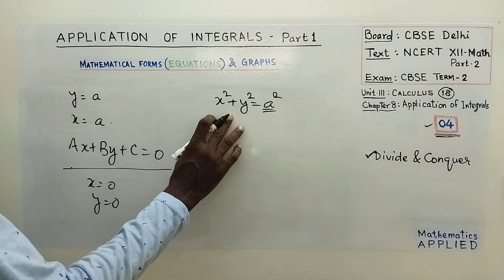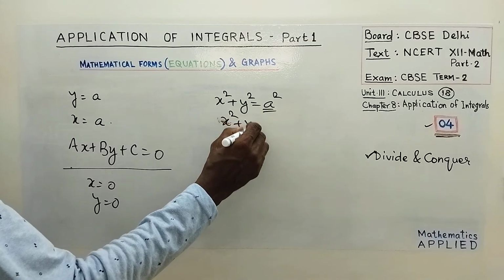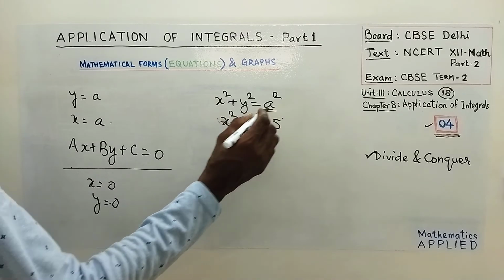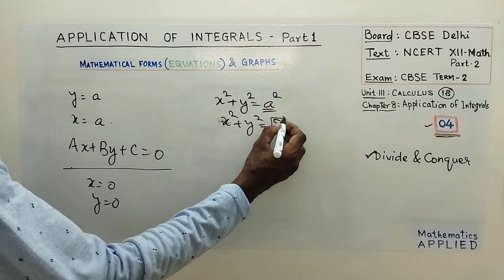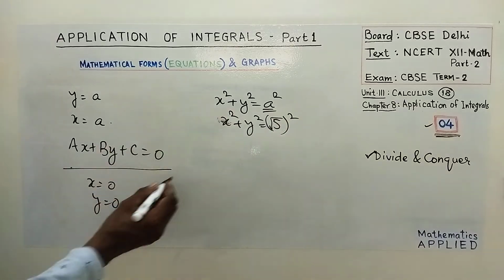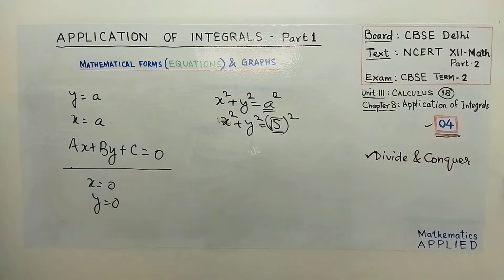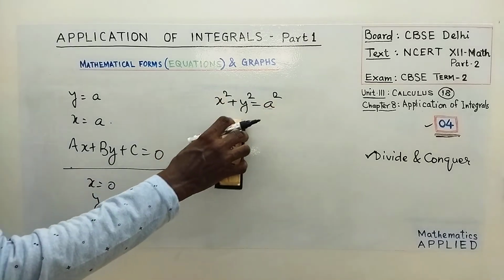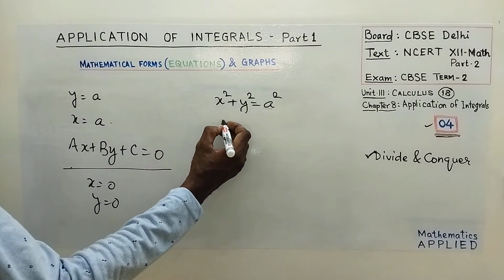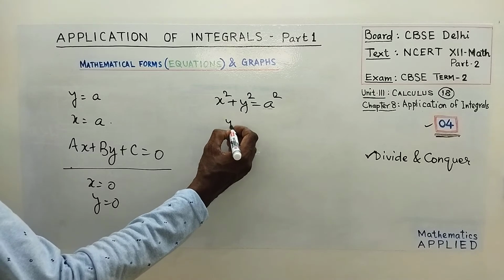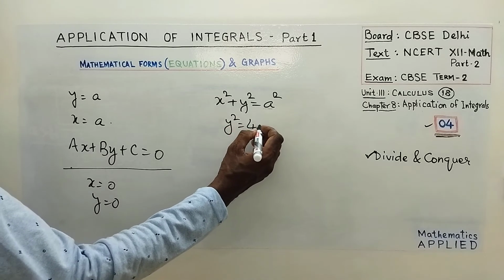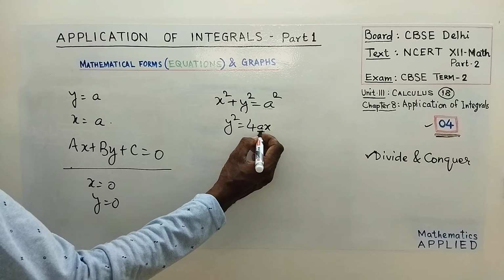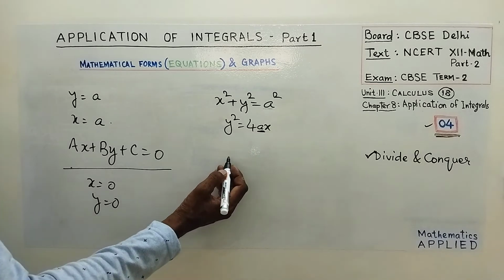If x square plus y square equal to 5 is given to you, what you do is root of 5 whole square. So the radius of the circle is root 5. So that is how we draw the curve. Then you have the parabola, that is of 4 forms: y square equals 4ax, where a is the focus of the parabola.